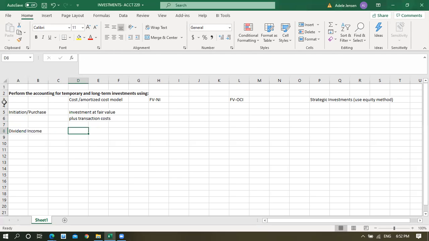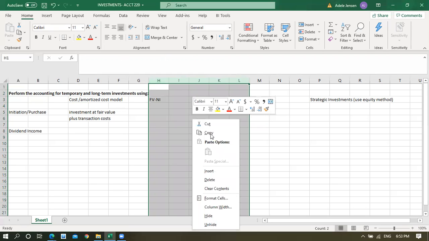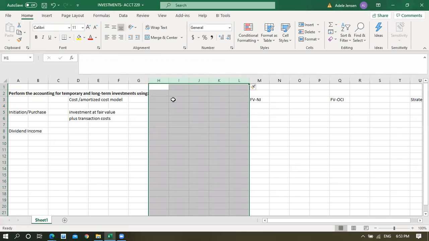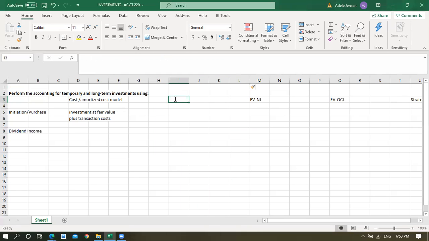And I should specify that for this, we are speaking about investments in shares. So maybe I'll just move this over a little bit, and I'll also add in the cost model for investments in debt instruments.